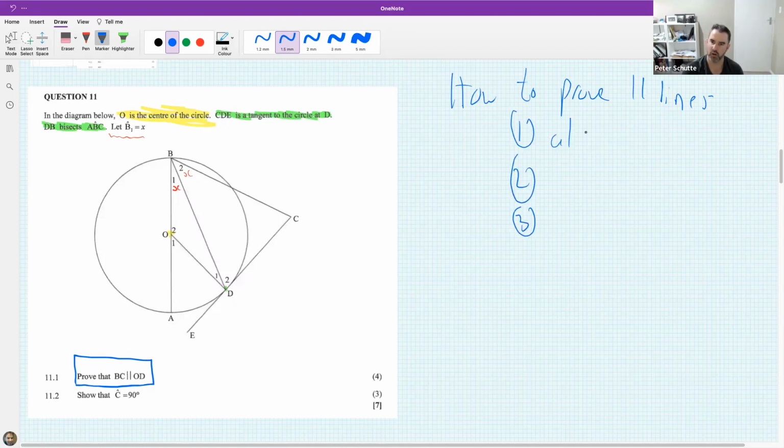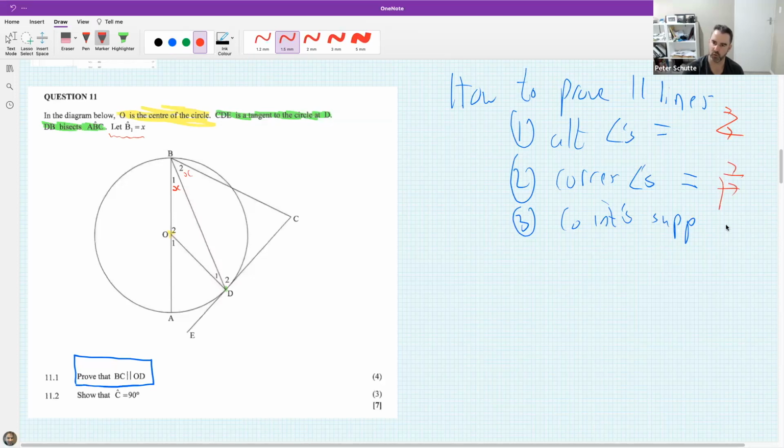One is to show alternate angles equal, you can say corresponding angles equal, or you can say co-interior angles supplementary. And normally they go with the Z, F, or C shape. So in order to figure that out, you need to do some more maths. It's 4 marks. So what would your first step be?